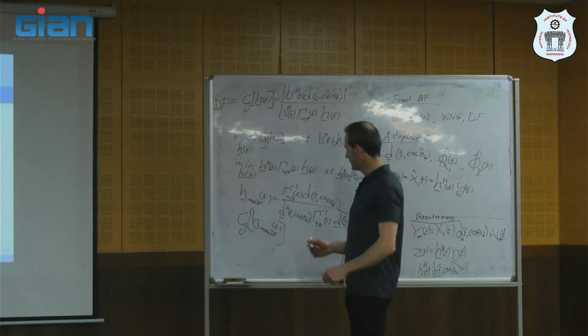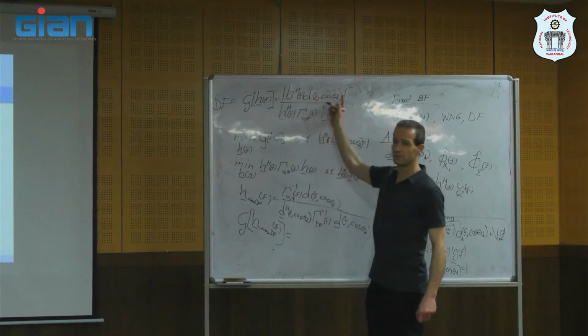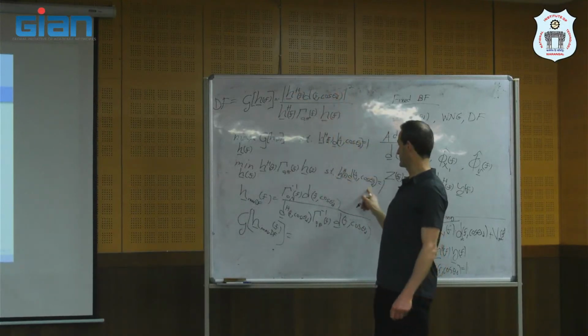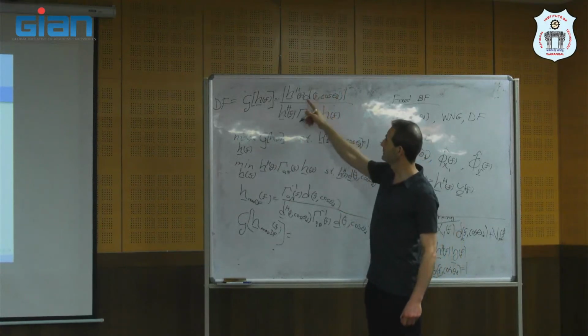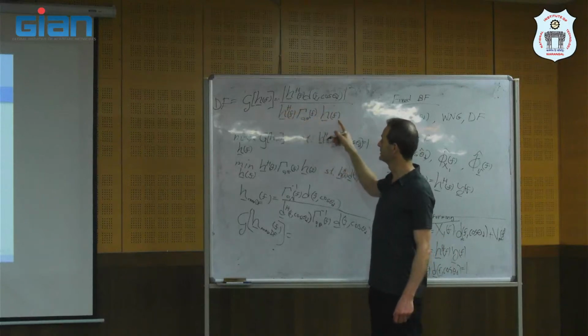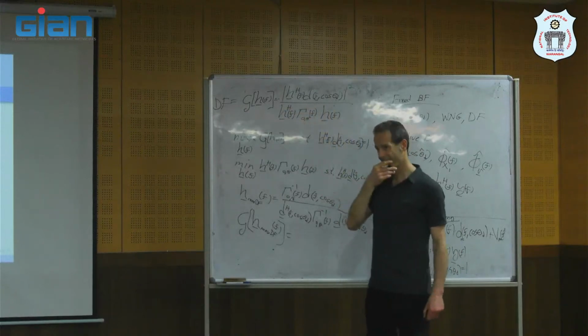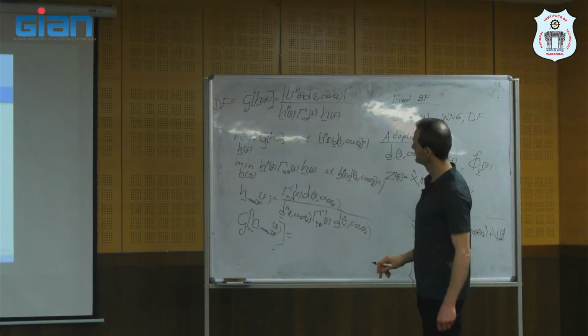What will the expression be? You see, the denominator is 1 because it satisfies the constraint. So it's actually only the denominator.